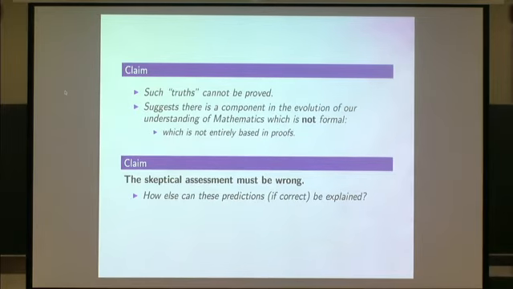The skeptical assessment must be wrong. How else can these predictions, if they're correct, be explained? No one has come up with a methodology for accounting for the consistency of large cardinals other than something that traces back to they're consistent because they exist in the universe of sets. And if they exist, they're not inconsistent.